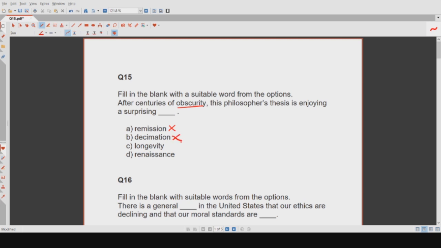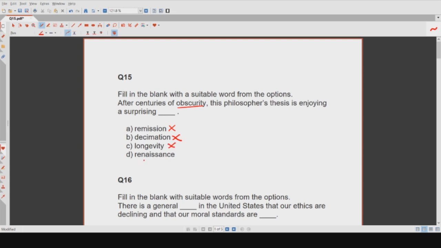So, it will also get eliminated. The third option is longevity. It means long life. So, after centuries of being unimportant, this philosopher's thesis is enjoying a surprising longevity. No, it does not make any sense.